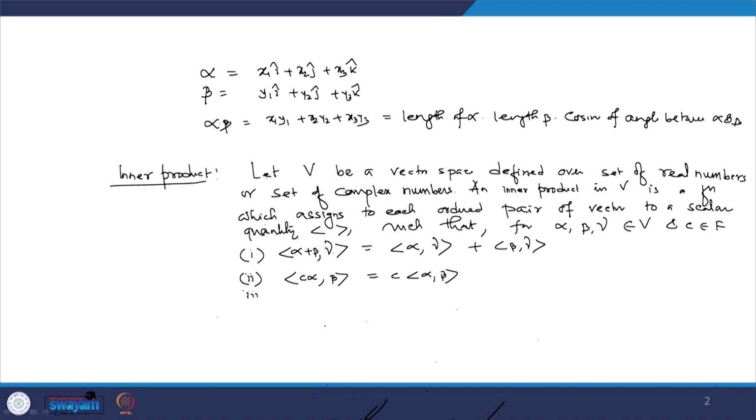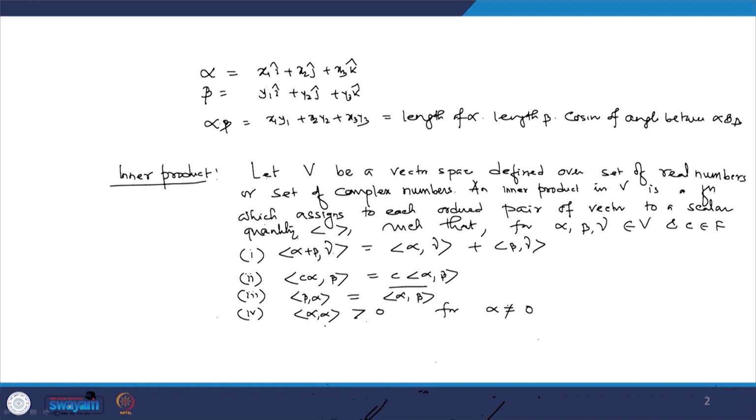Third, inner product of beta alpha equals the complex conjugate of inner product of alpha beta, please. Fourth, inner product of alpha alpha is strictly greater than 0 for alpha not equal to 0.